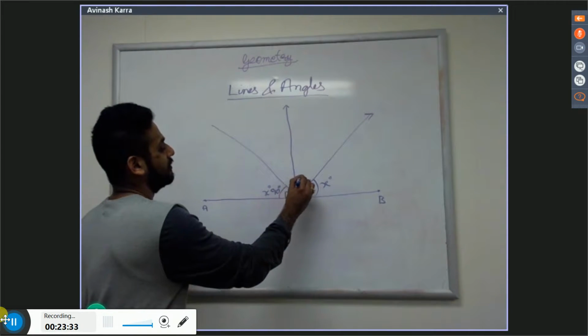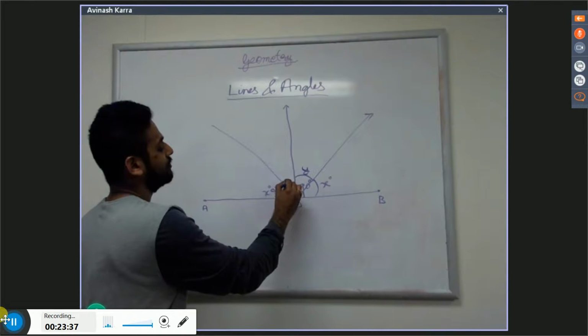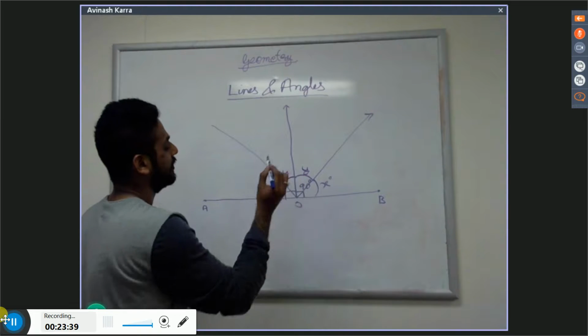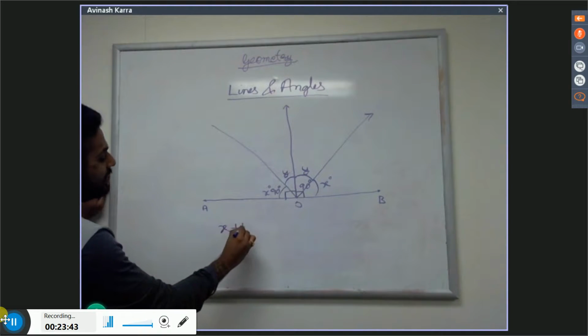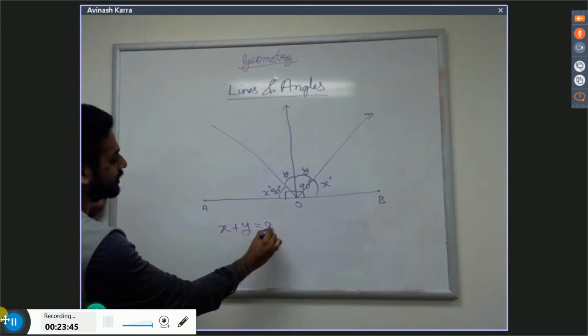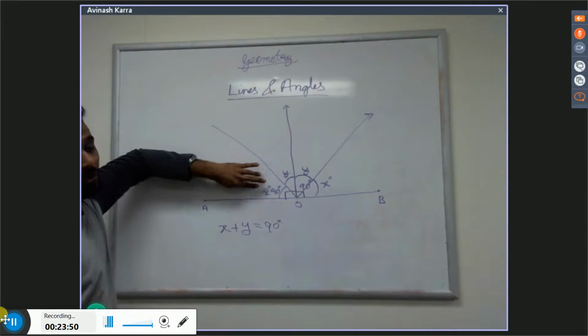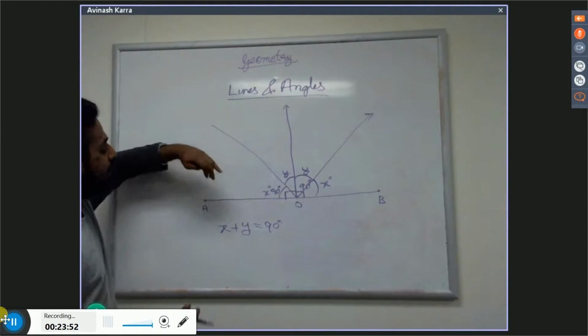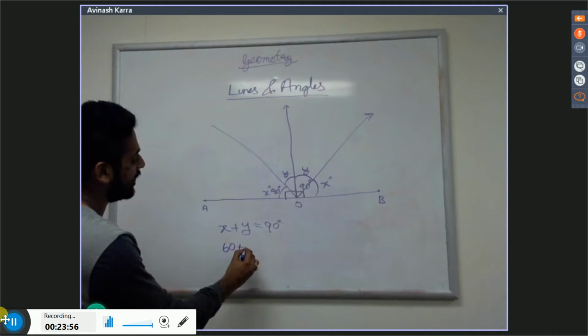No. Then it will be also Y. So X plus Y is equal to 90 degrees. But you're not sure whether it will be 45 or not. It might be X equal to 60 and Y will be 30.